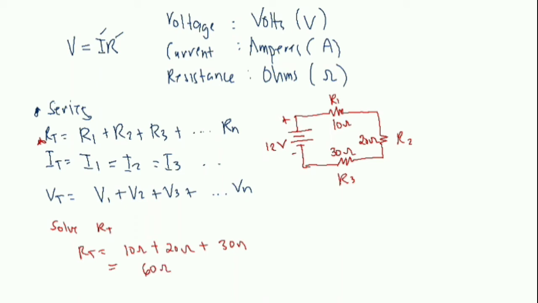So now we solve for the IT. Recalling Ohm's law, V = IR, we could also say that I is equal to V over R. So we get the value of IT by dividing the total voltage over the total resistance, where the total voltage is 12 volts and the total resistance is 60 ohms.